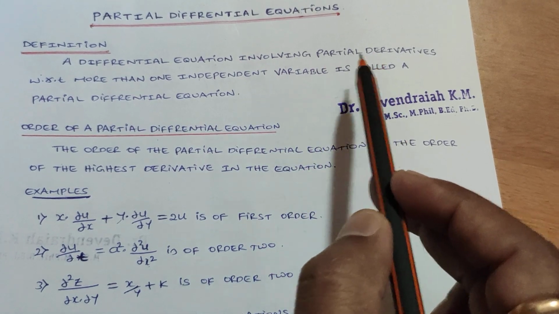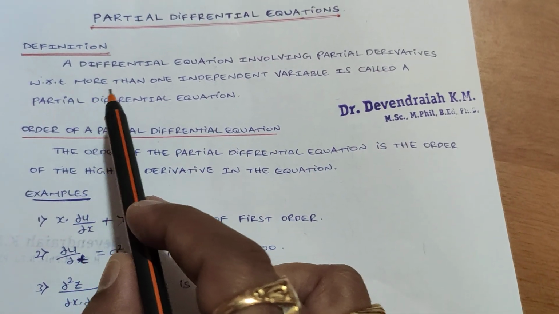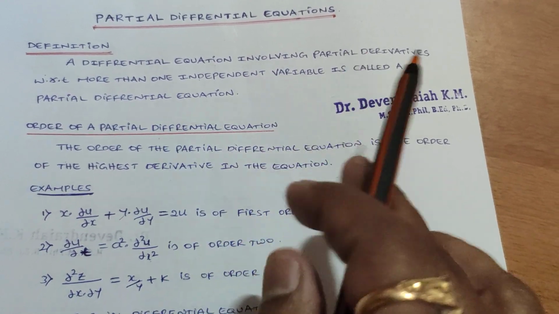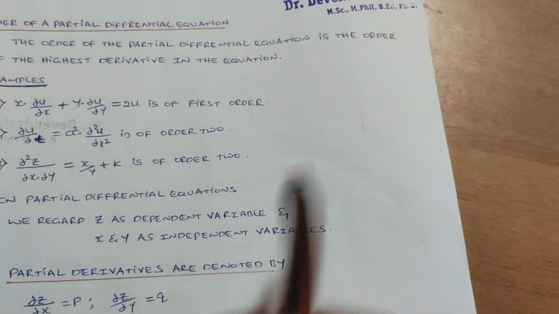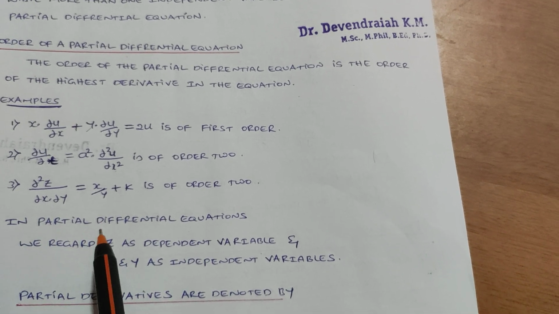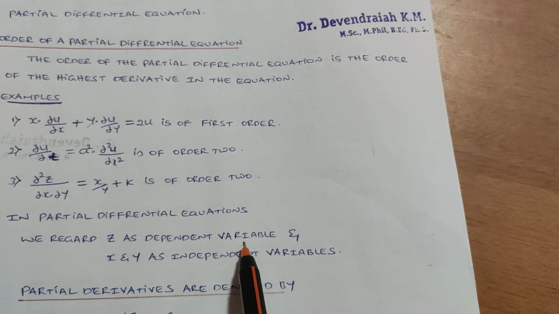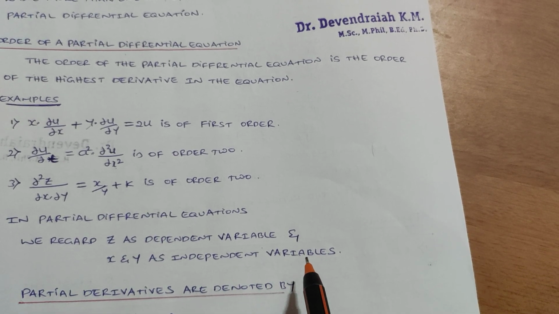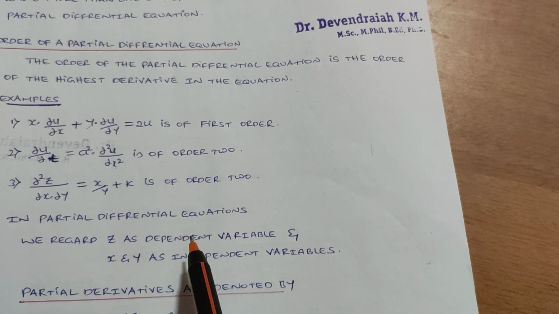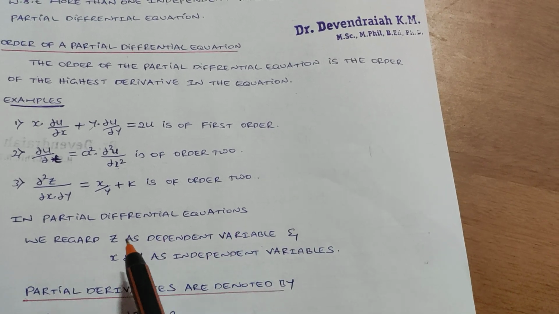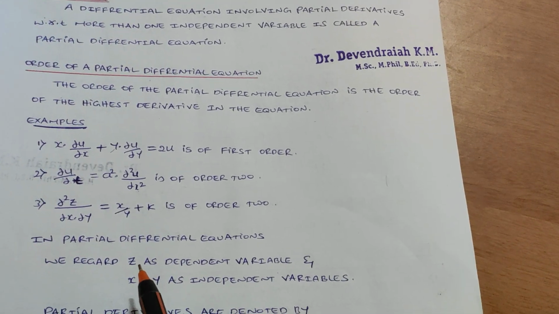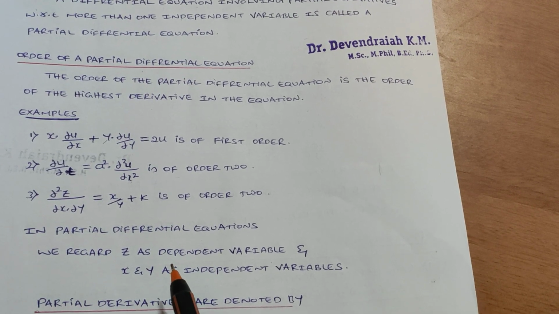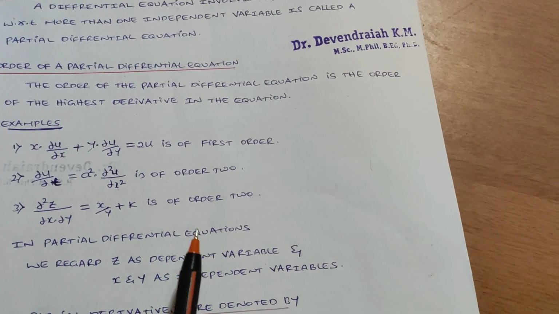Here we regard z as a dependent variable and x and y as independent variables.